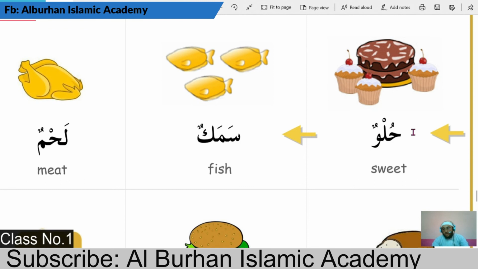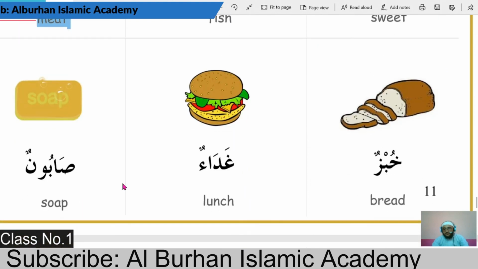Okay, next, حلو. حلو used for sweet. سمك. سمك used for fish. لحم. لحم used for meat. خبز. خبز used for bread.